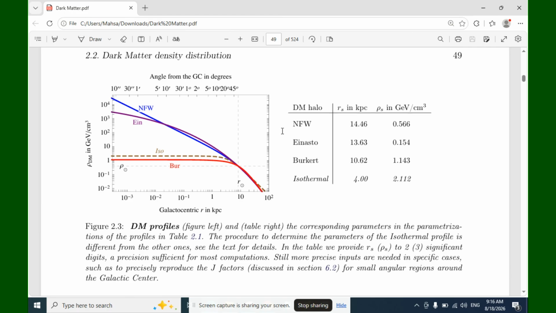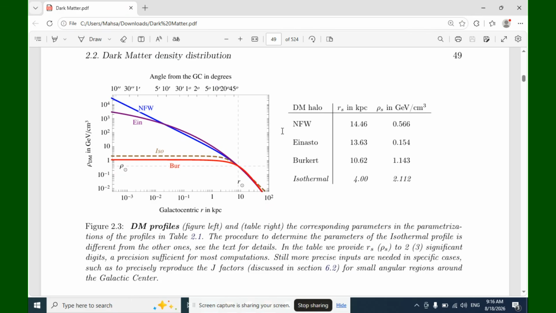So figure 2.3 illustrates dark matter profiles on the left, and the table on the right gives the corresponding parameters in the parameterization of the profiles in table 2.1. The procedure to determine the parameters of each profile is different from the other ones. See the text for details.